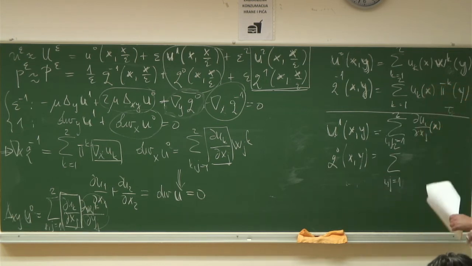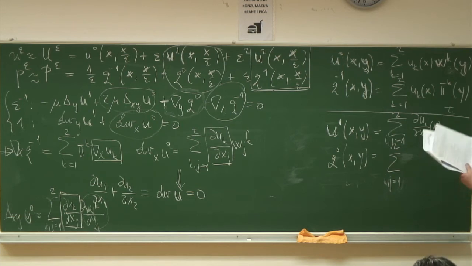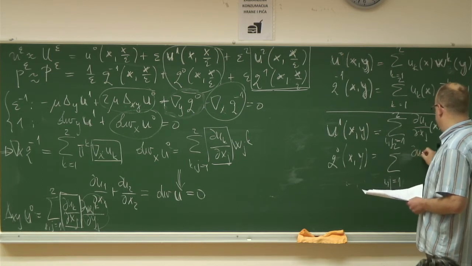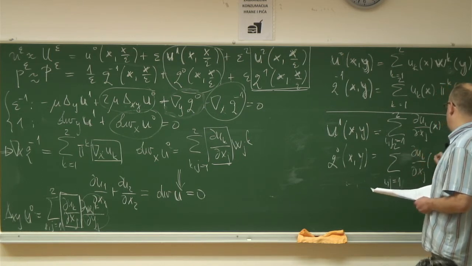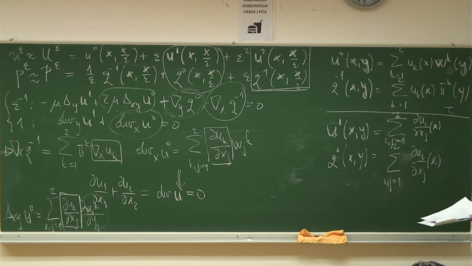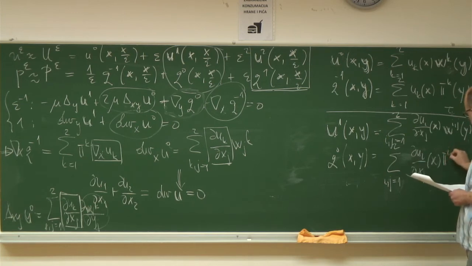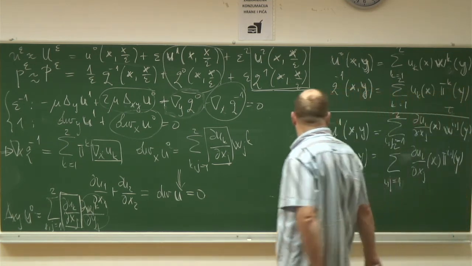Again, we seek the solution in a way that the variables are separated. And now we have to introduce another set of auxiliary functions, which depend on two indices. We will denote them like this.